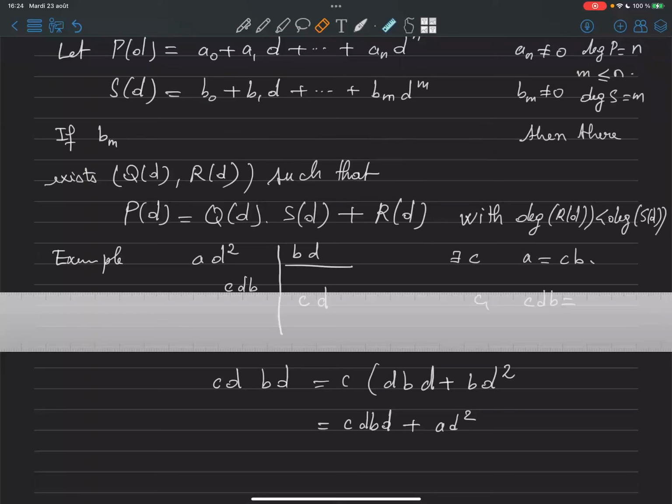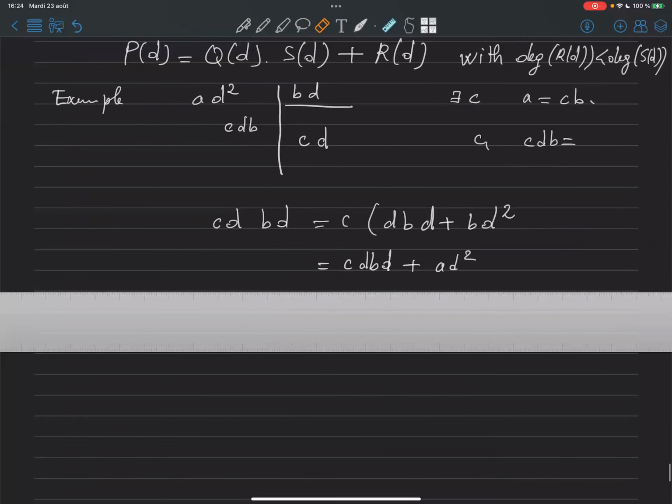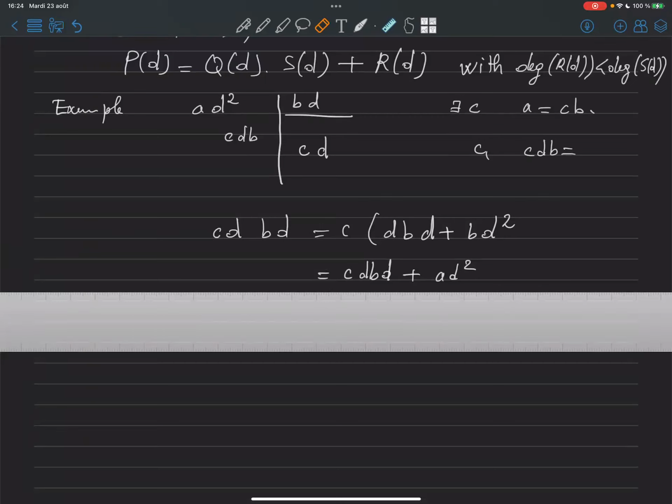Then the pair will be unique, probably, such that C multiplying by D is equal to this, where we just put C1 here. And we will obtain the desired results.